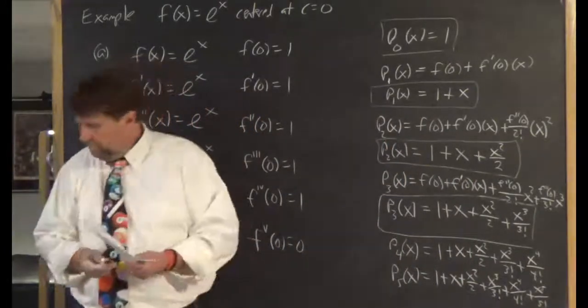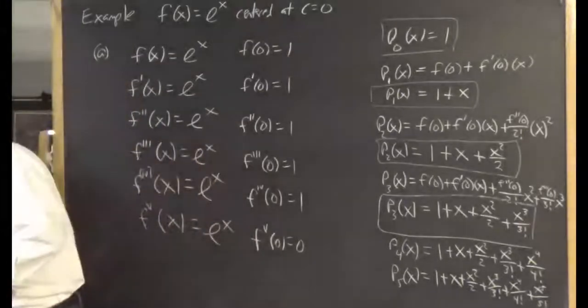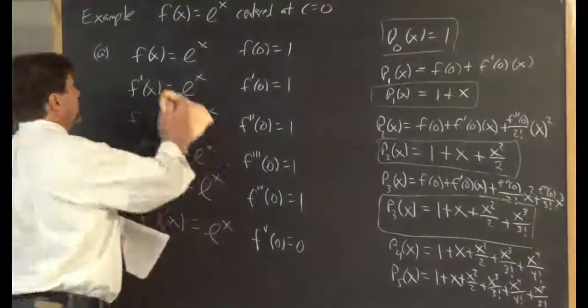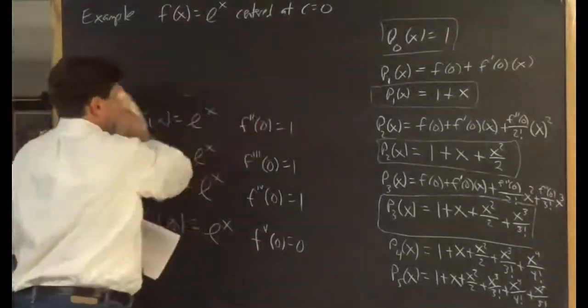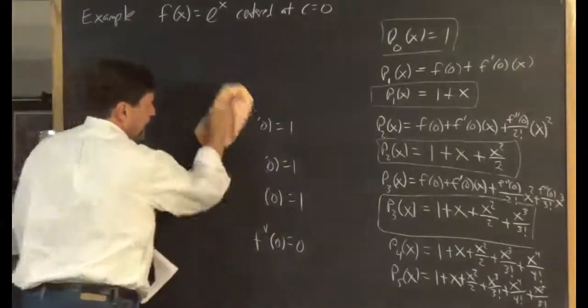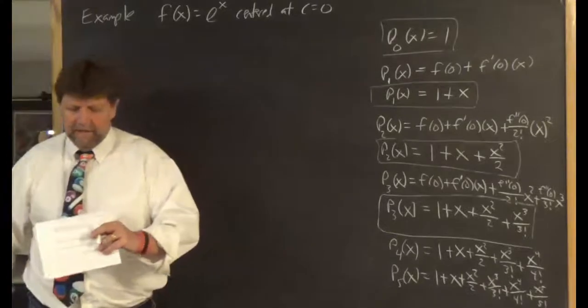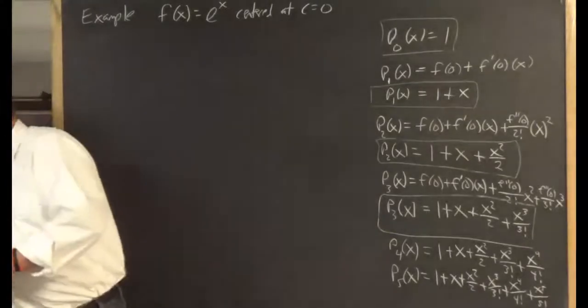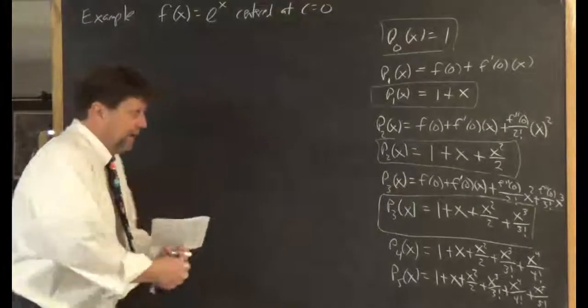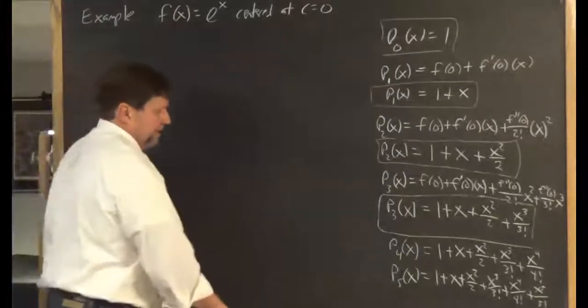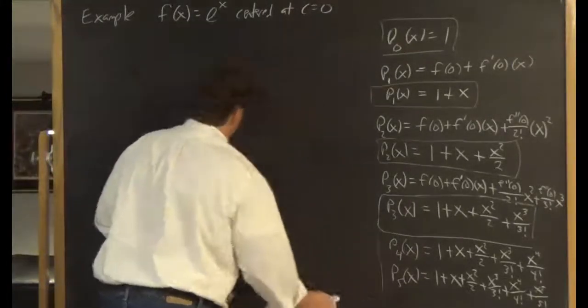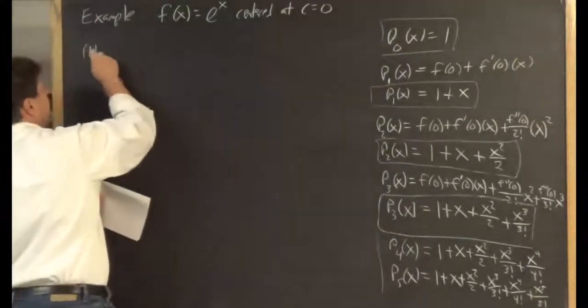So in part B, let me erase this. Part B, it just says determine the Nth Taylor polynomial. Well, we should see a pattern.